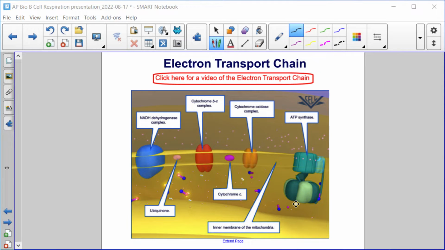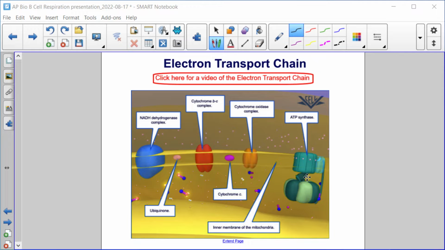The following complexes are found in the electron transport chain: NADH dehydrogenase, Cytochrome BC1, Cytochrome Oxidase, and the complex that makes ATP, ATP Synthase.